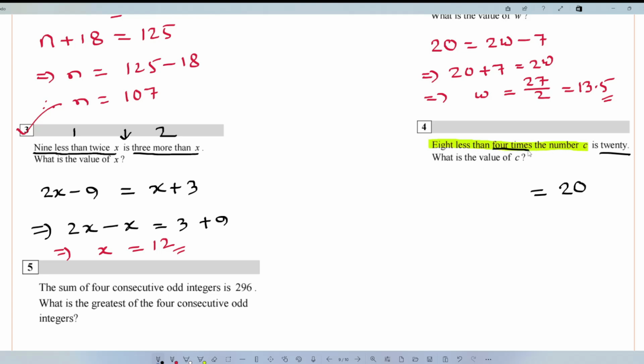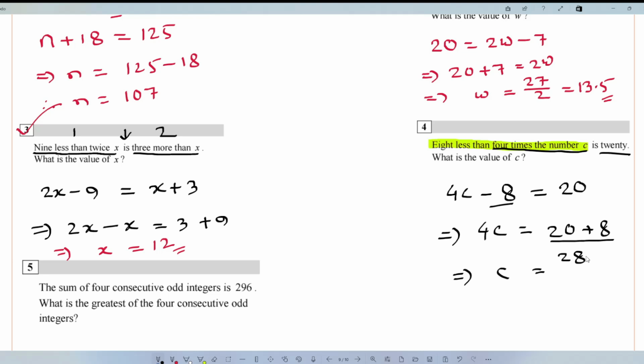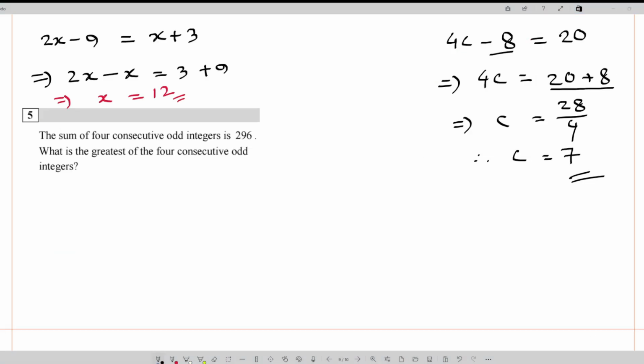So 4 times the number c is 4c minus 8. Then 4c equals 20 plus 8. So c equals 20 plus 8, which is 28, divided by 4. So c equals 7. Okay, number 4 done.